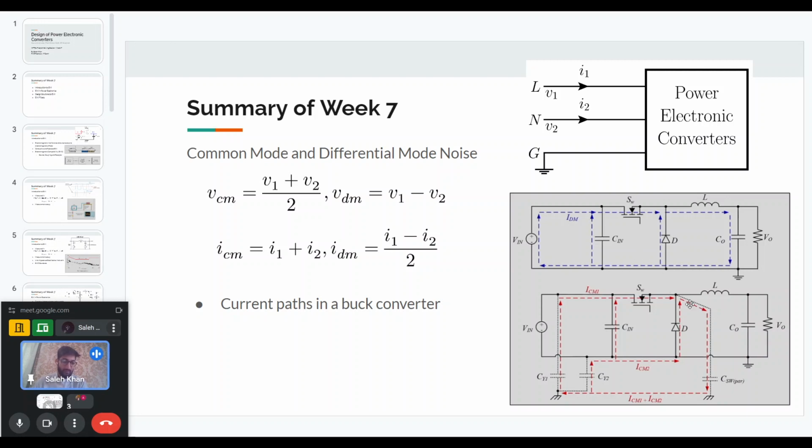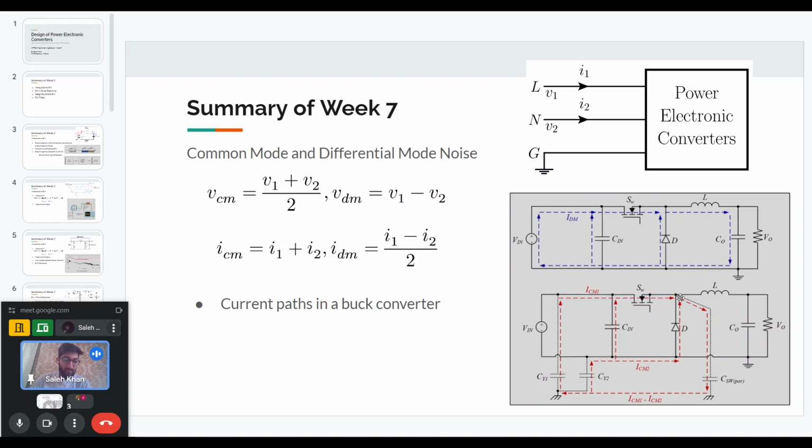Generally, each converter will have a node called the switch node, where the voltage keeps switching between some values. For example, here, the point where the MOSFET, the diode, and the inductor are connected together is called the switch node in the buck converter.